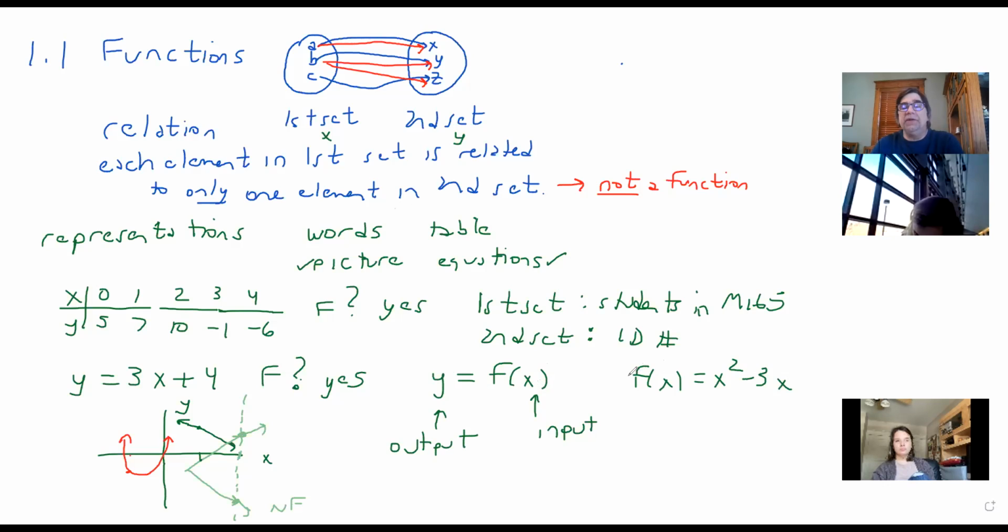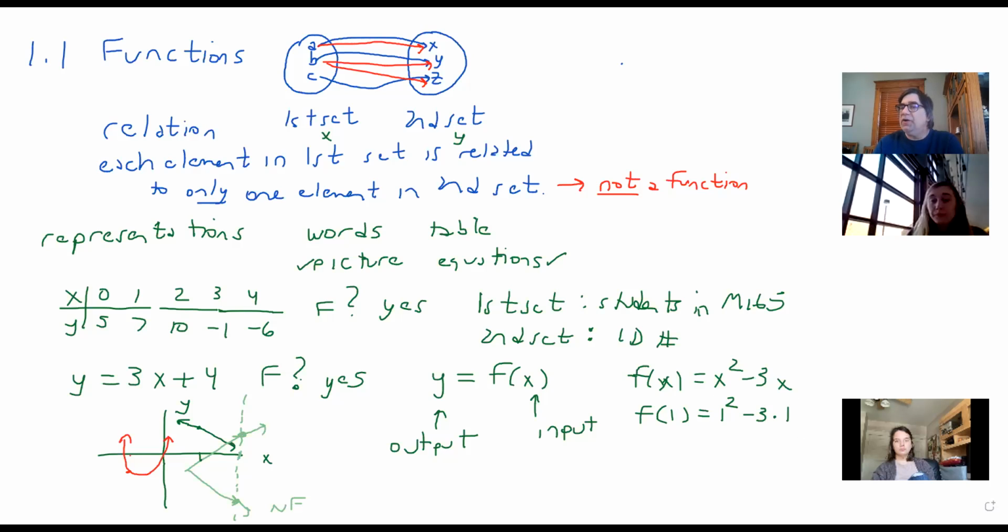There are a couple different things you can do with the formula. You can give me an input, as long as it's in the domain of the function. What does this mean right here? f of x is equal to x squared minus 3x. If x is replaced by 1, the formula should be the same. x should be replaced by 1.